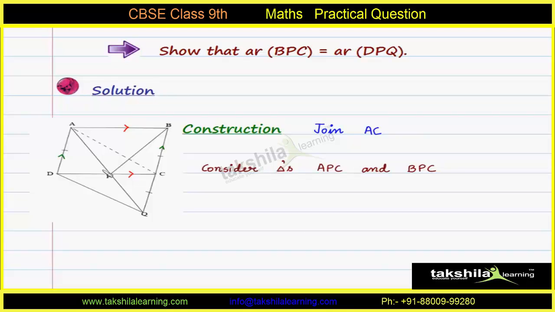These two triangles are lying on the same base PC. Also, these two triangles are between the same parallels because AB is parallel to PC.